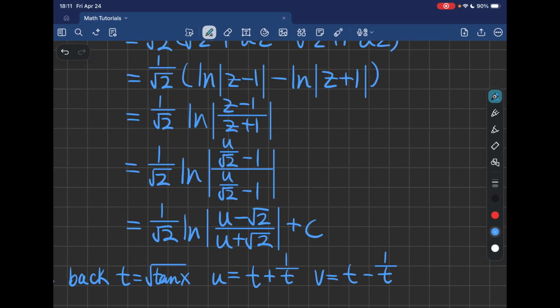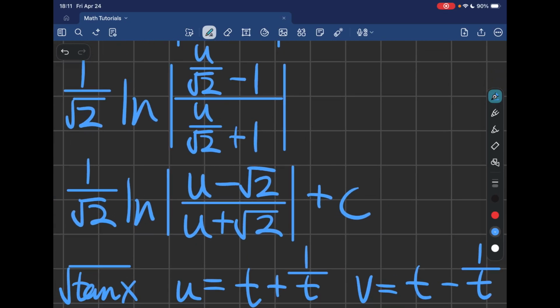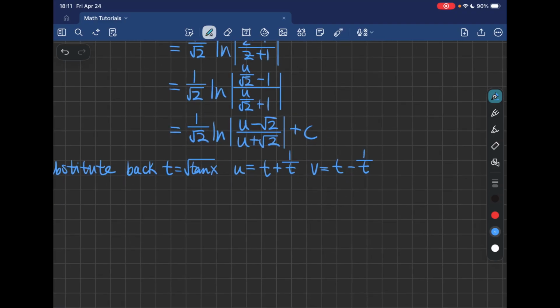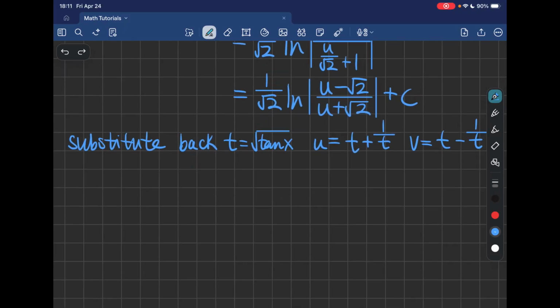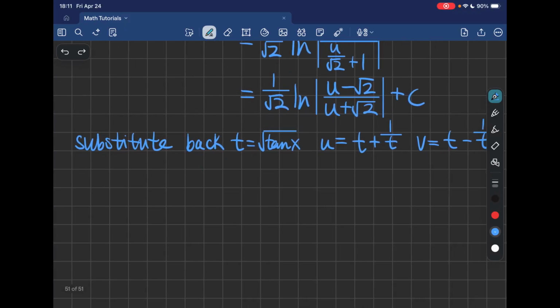Well, I guess I missed something here, so this should be plus. And now our job is to substitute everything back and combine, and let's write the original thing.